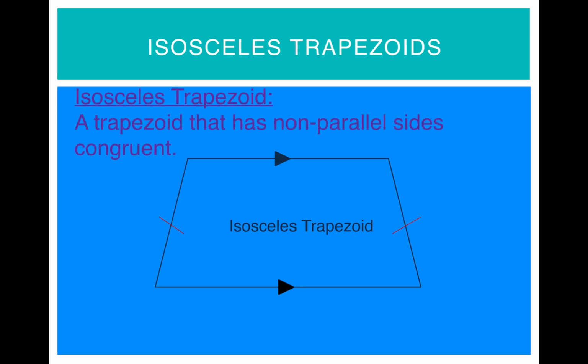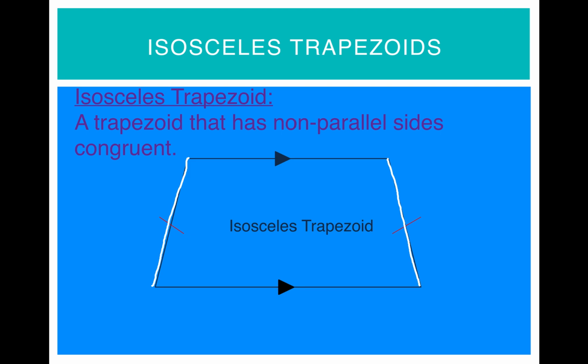Okay. An isosceles trapezoid. An isosceles trapezoid is a trapezoid that has non-parallel sides that are congruent. So the two sides that aren't parallel in an isosceles trapezoid are congruent.